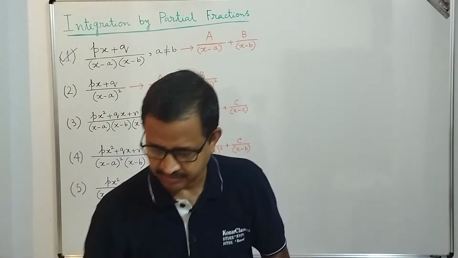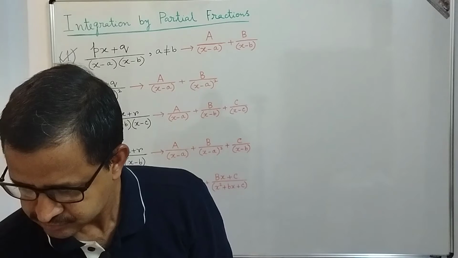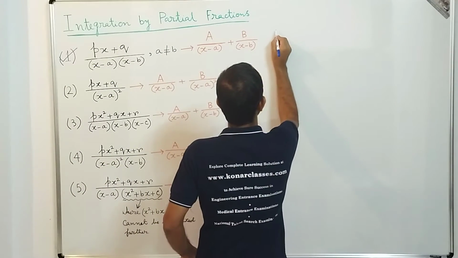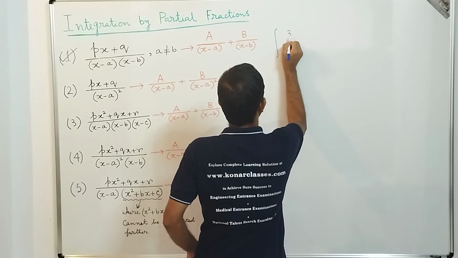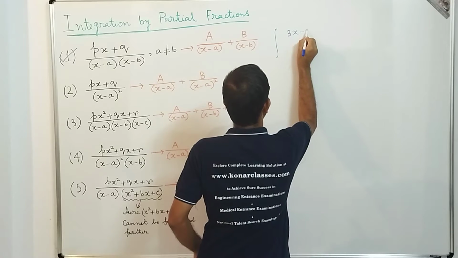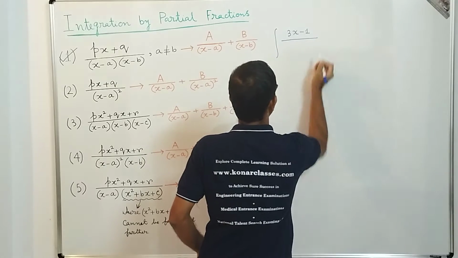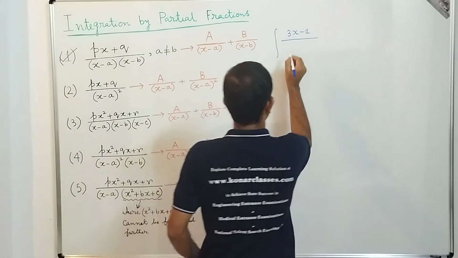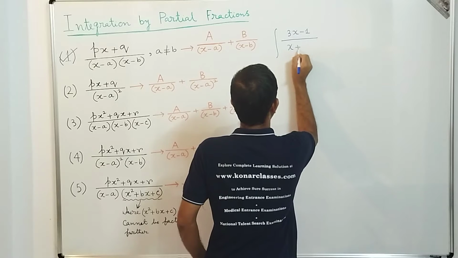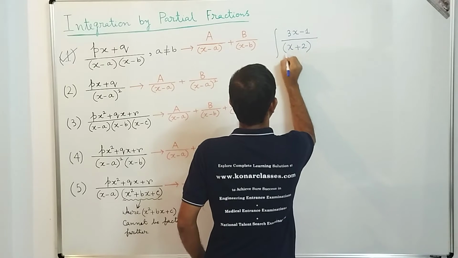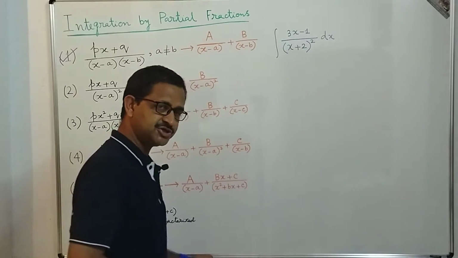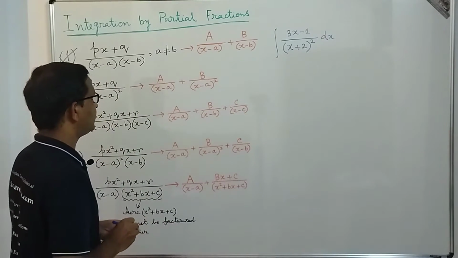Let us see by means of an example, dear students. Let me take this example: the integration of 3x minus 1 divided by x plus 2 whole square dx. This is the integration given to us. So how can we express the partial fractions?